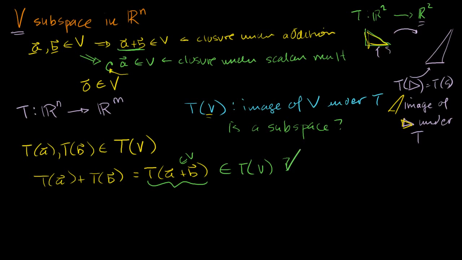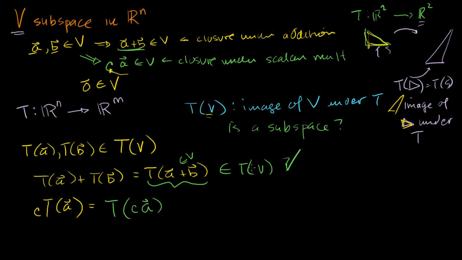Now, let's ask the next question. If I take a scalar multiple of some member of my image of V under T, or my T of capital V right there, if I take some scalar, what is this equal to? By definition, for a linear transformation, this is the same thing as the transformation of the scalar times the vector.